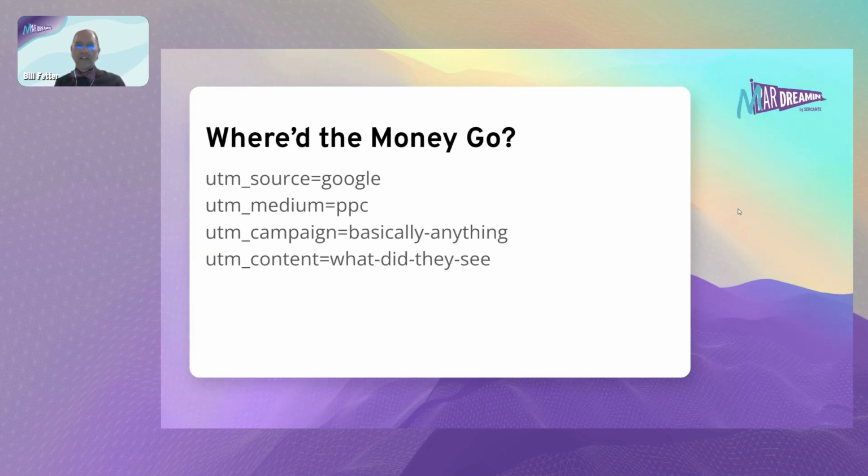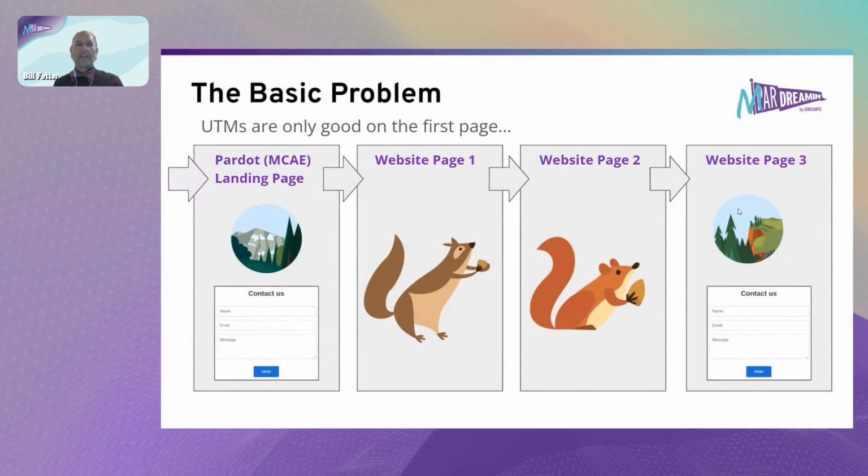They'll do something else. UTMs are only good on the first page, but people are very good at seeing squirrels and deciding to go somewhere else. So they might hit your landing page, but then they might go to your website and hit a page there and another page. And then maybe on the third page, they find a contact us form and decide to fill that out there.